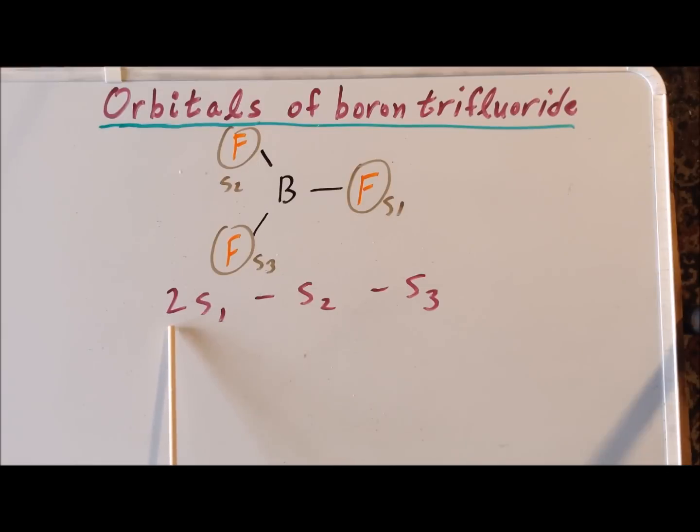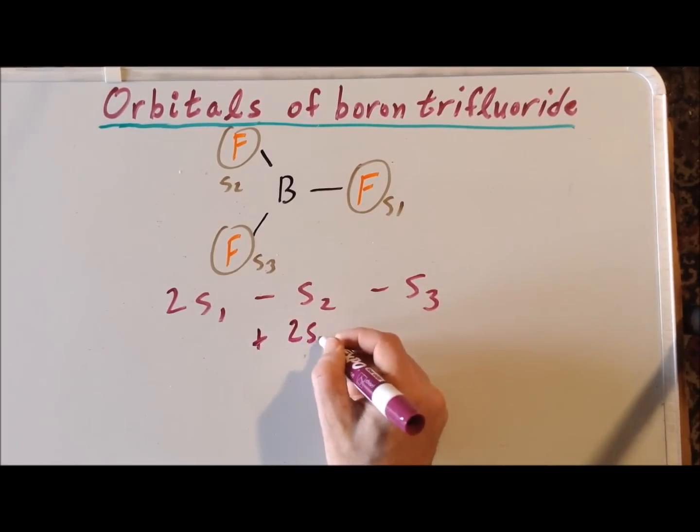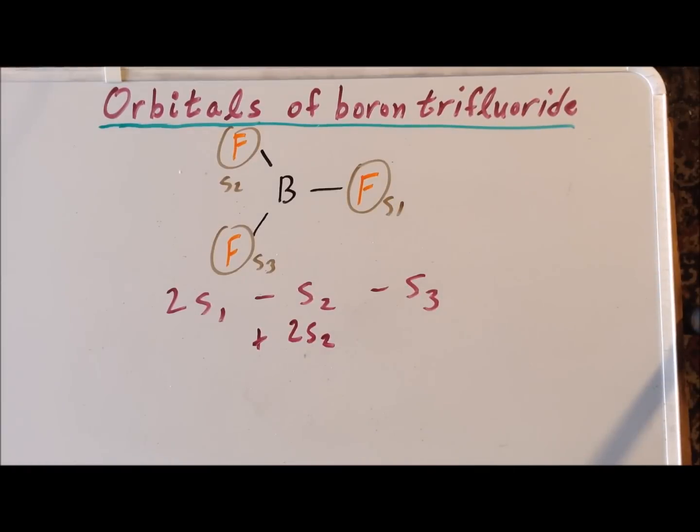So we make sure that we think of the symmetry operation as a linear operator, and we can pull the coefficient out in front. So if I do a C3 on 2S1, it turns into 2S2. So let's write that down in the second line. What happens if I have S2?